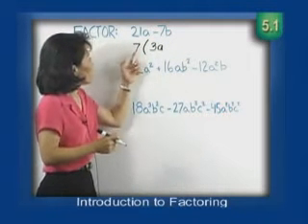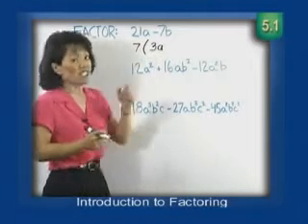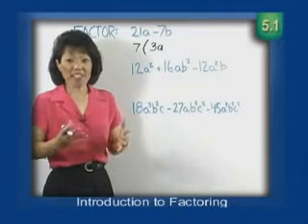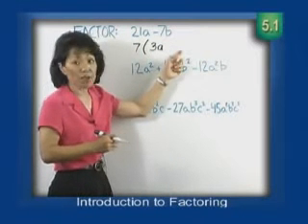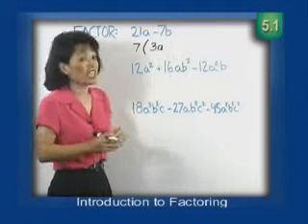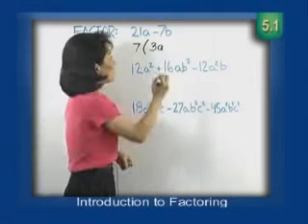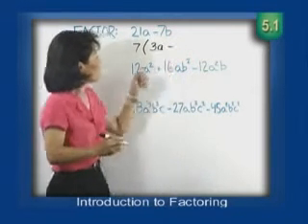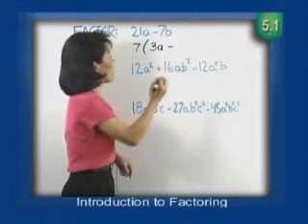So let's just make a little check. 7 times 3a is indeed 21a. Let's continue in the same fashion. 7 times what number will give me a negative 7b? Well, first of all, I see I need a negative sign, so I'll write that down. The 7 is taken care of, but what we need to write here is the b.